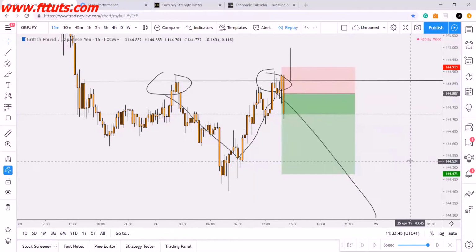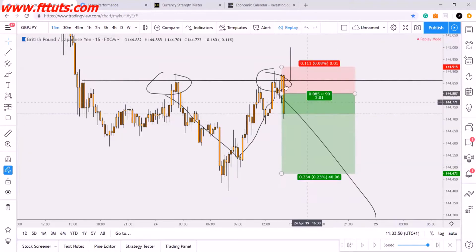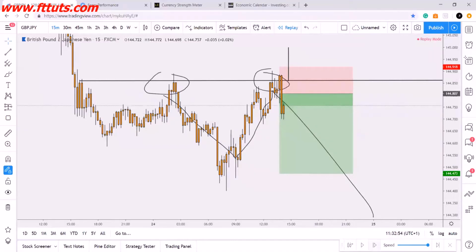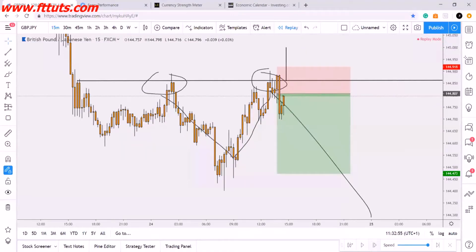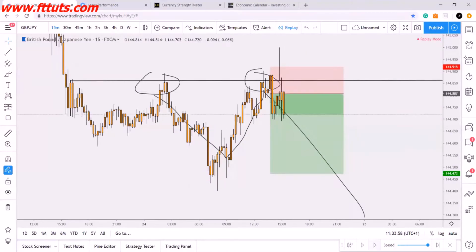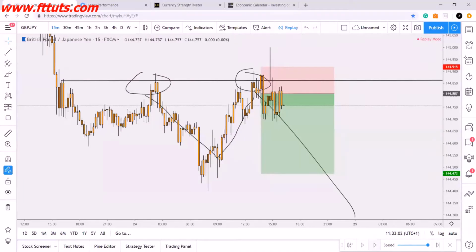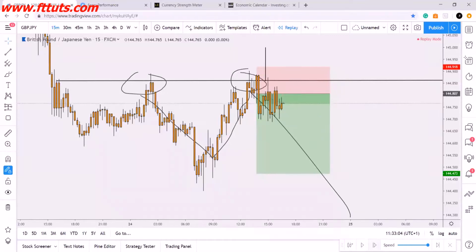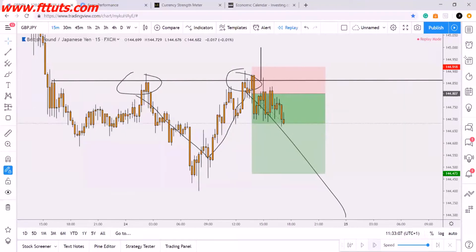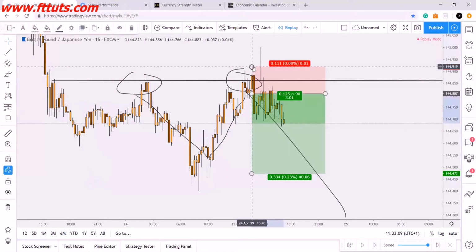Okay, so we didn't get the sell stop. We can't take this candle because it's way too big. Let's just see what would have happened if we were concentrating. I think this warrants a break even at this point.